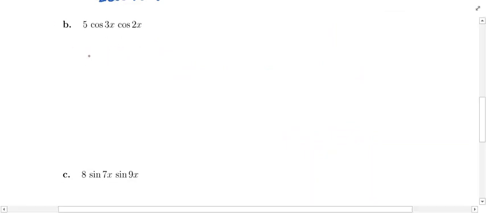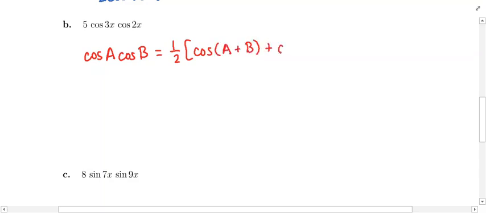Okay, all right, so we know the cosine of A times the cosine of B is equal to 1/2 times the cosine of A plus B plus the cosine of A minus B.